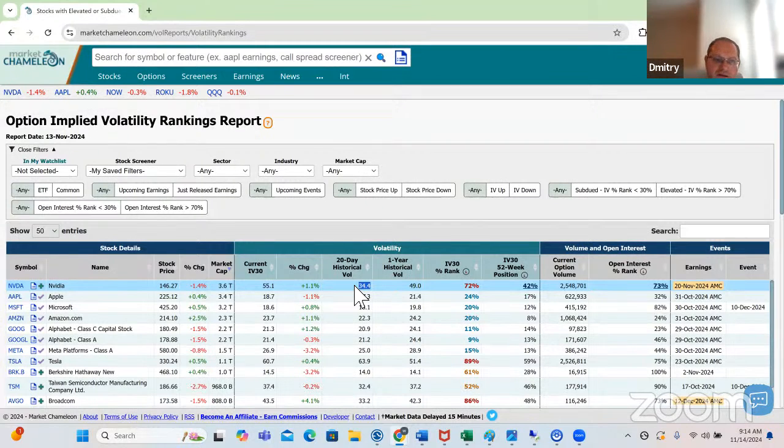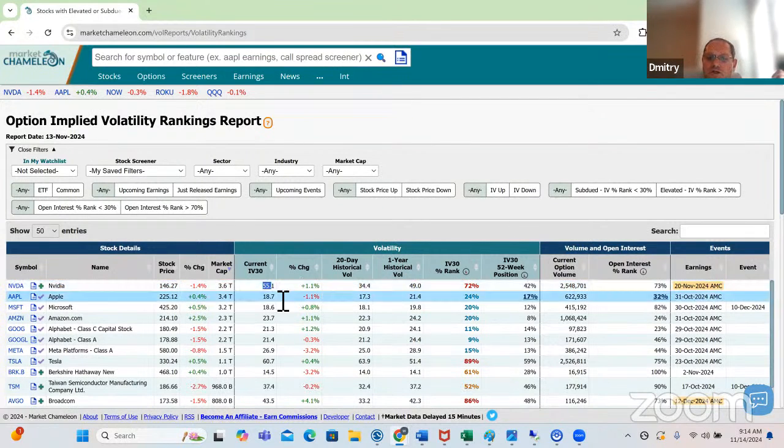And let's compare that to the implied volatility looking forward. The options are forward looking, and this is the implied volatility going forward. This is what the options are implying for future volatility. How does that compare to the most recent volatility?